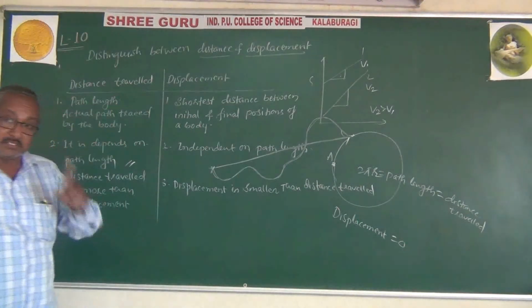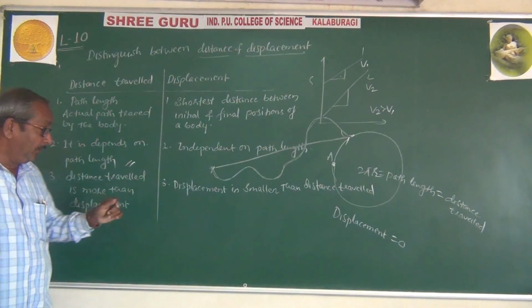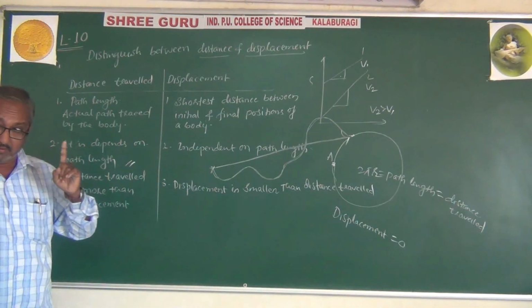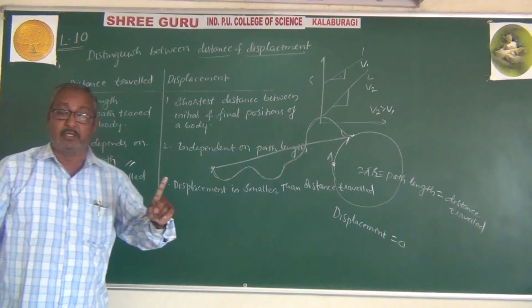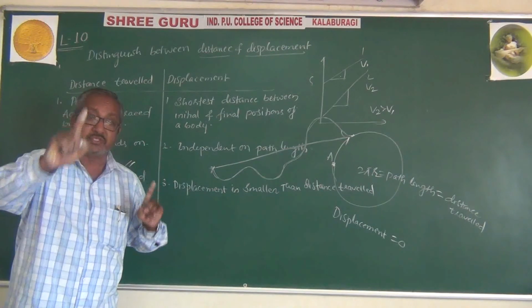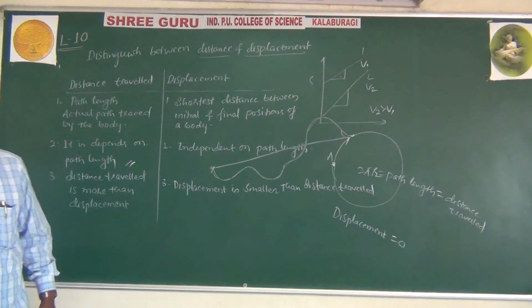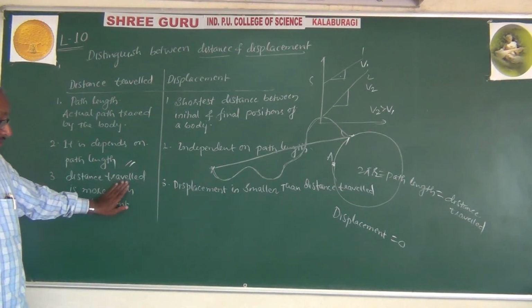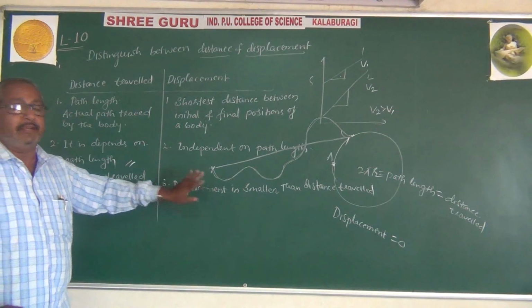But better to keep it in mind, distance traveled and displacement are the same in magnitude only when the body is moving along a straight line. In the other cases, this is always greater than this one.